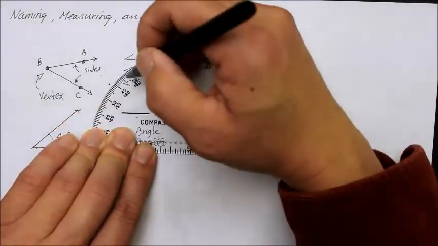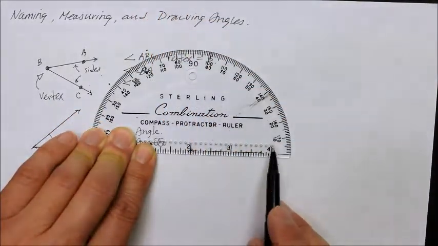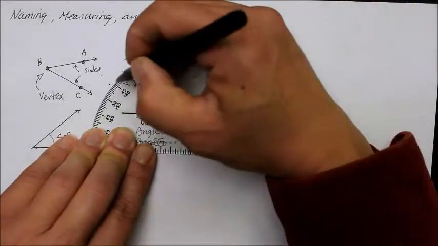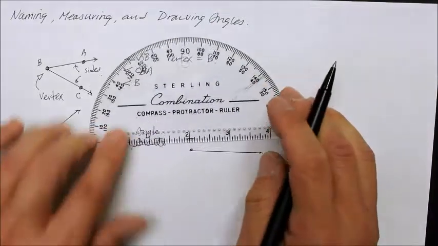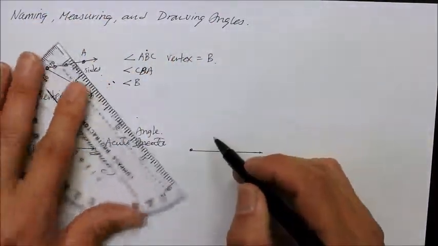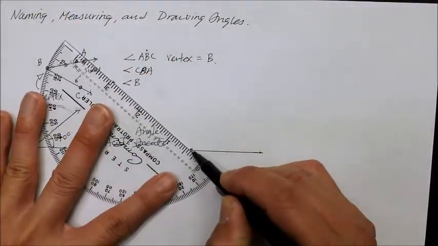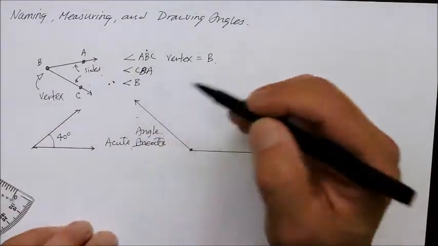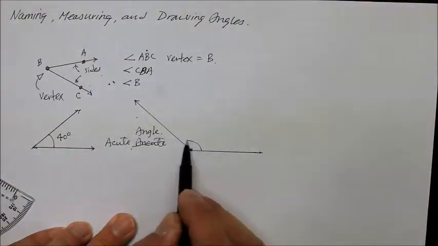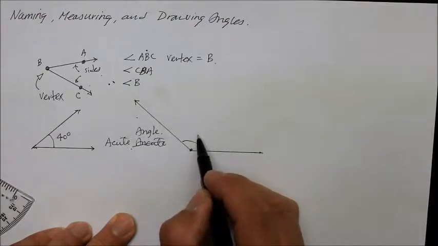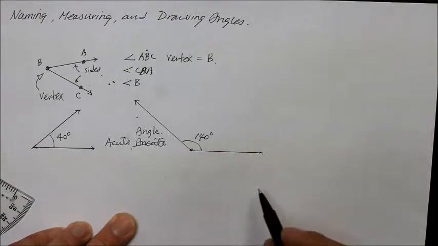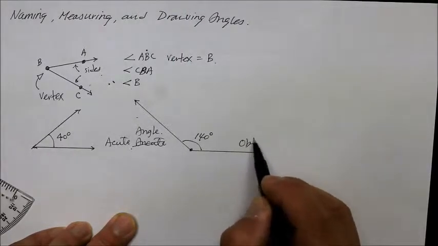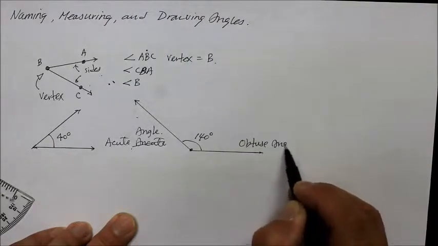Let's make that 10, 20, 30, 40, all the way up to, let's say, 140. Extend that all the way there, and then there's my notch. So connect that to my vertex. And let's not go all the way over there. From the base to there, the angle is going to be 140 degrees. And since this is greater than 90 degrees, this is called an obtuse angle.